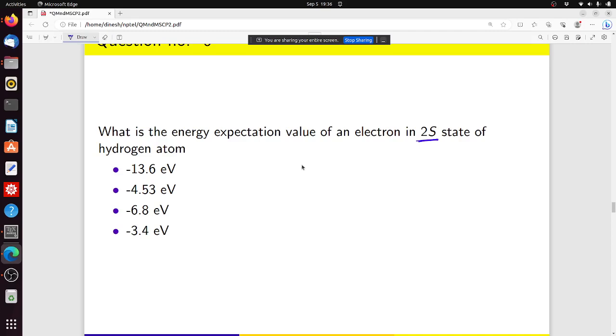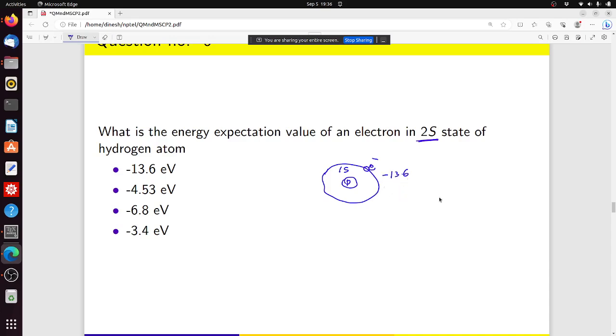What is the ground state energy of the hydrogen atom? Minus 13.6. That means in the 1s state, the electron revolving around this proton will have energy minus 13.6.